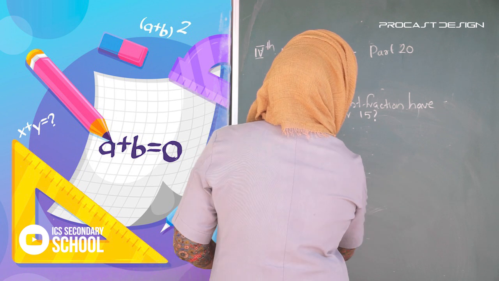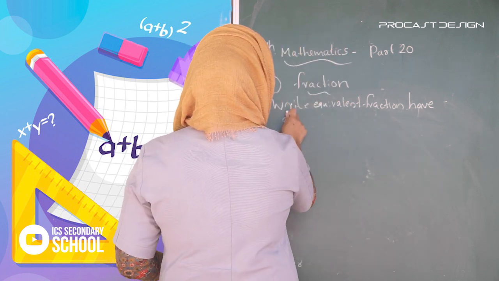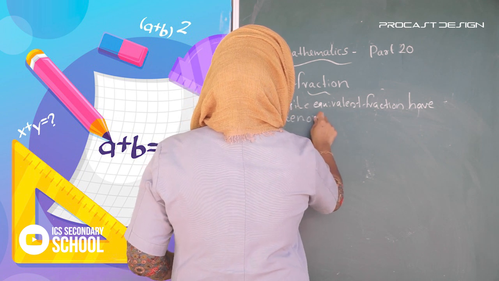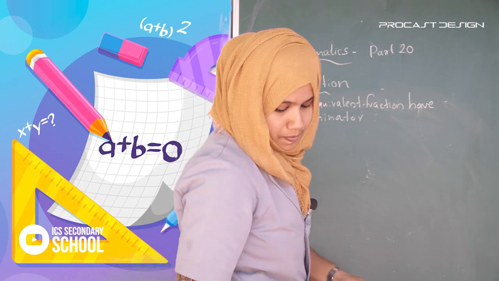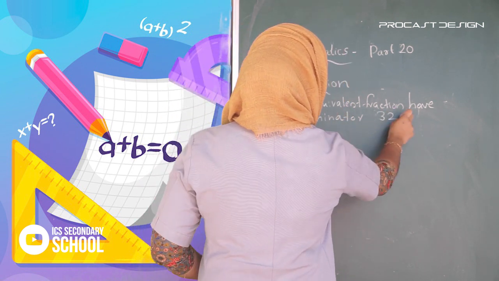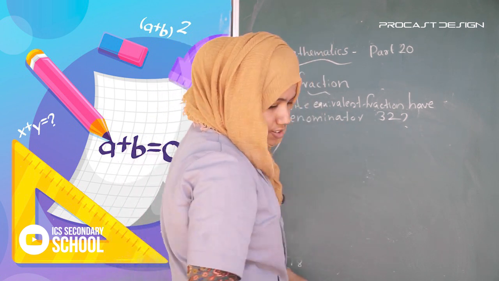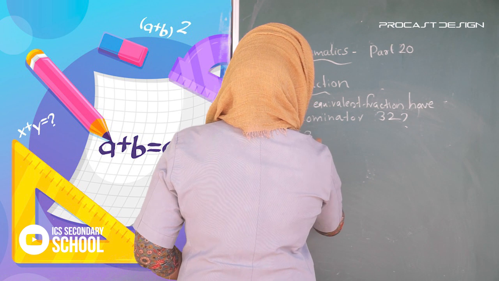Next question is write the equivalent fraction having denominator 32. You are given the denominator. Okay, first question, 3/4.